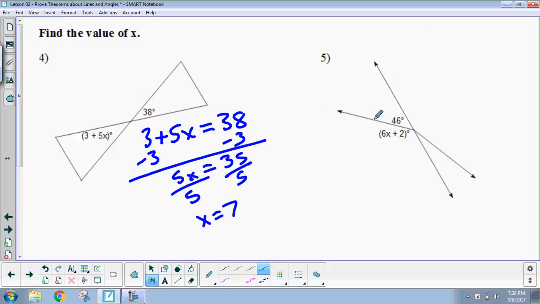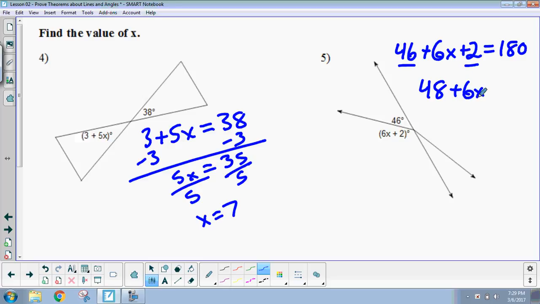Anyway, guys, that's a straight line. So what should these two angles add up to? 180, that's right. So 46 plus 6x plus 2 equals 180. Combine like terms. 46 plus 2 is 48. Plus 6x equals 180. Minus 48. 6x equals, let's see, get my handy dandy calculator.